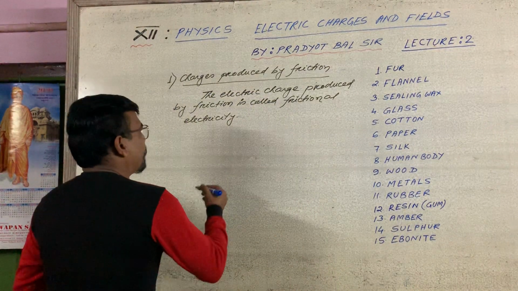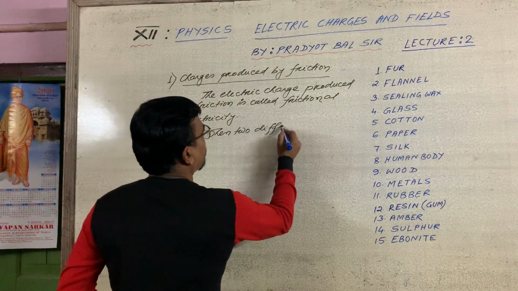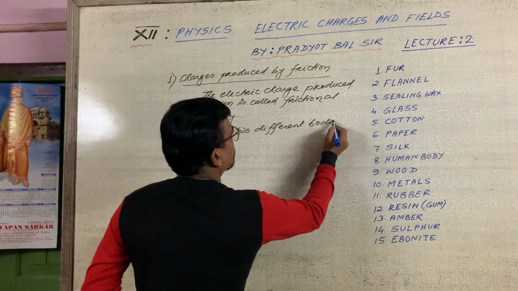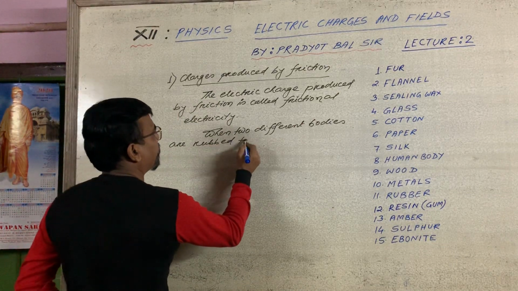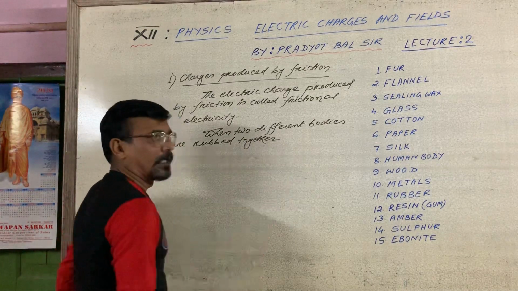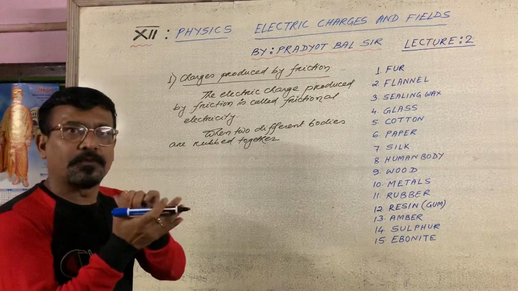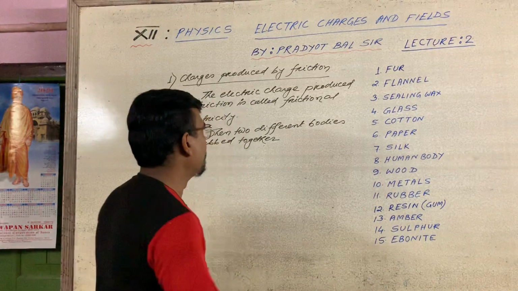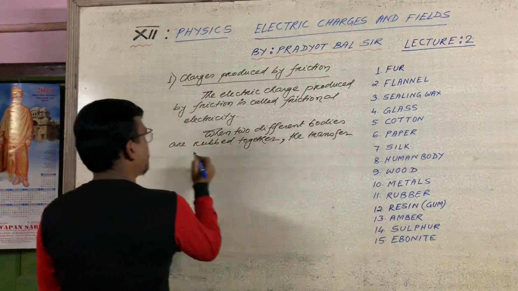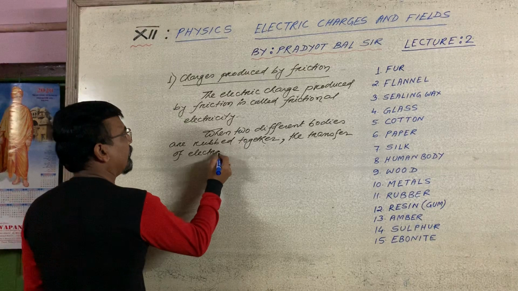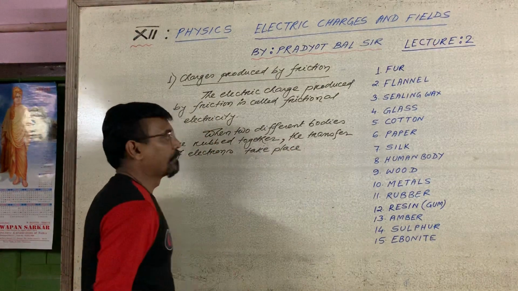More elaborately, when two different bodies are rubbed together, what may happen? The transfer of electrons takes place.